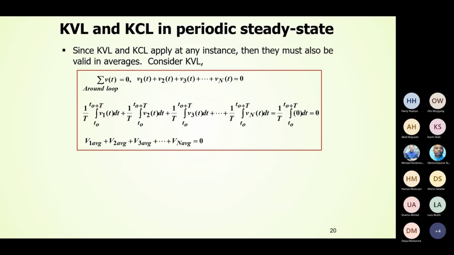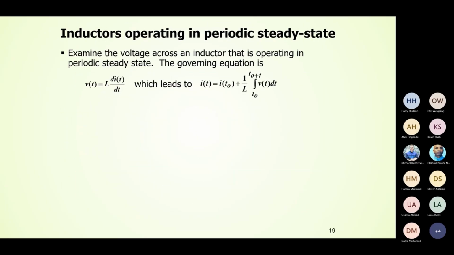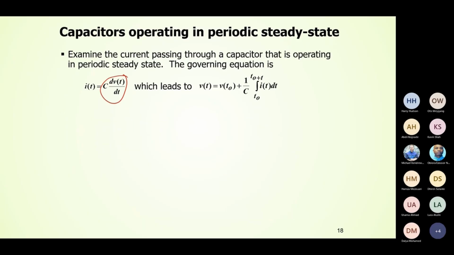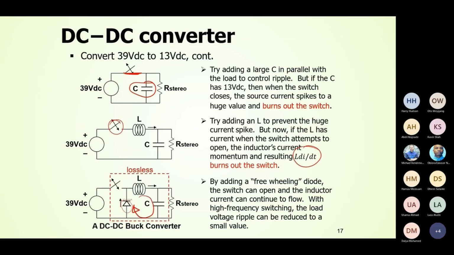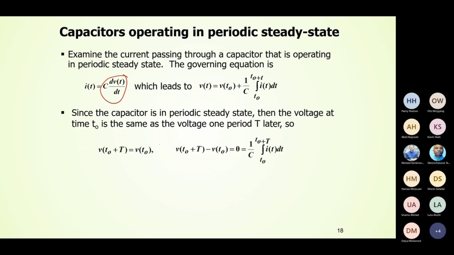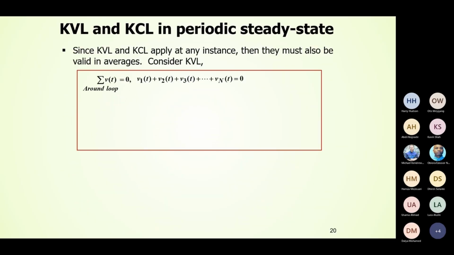That's why initially, although we added a capacitor, we saw the limitation of adding a capacitor. It will burn the switch. Same thing goes with the inductor. You cannot just connect an inductor in series with a switch, and this will cause your switch to be burned.